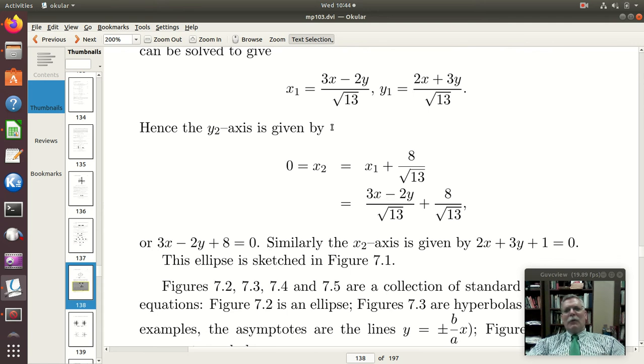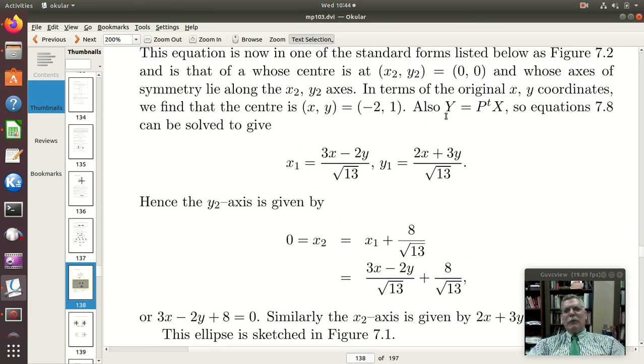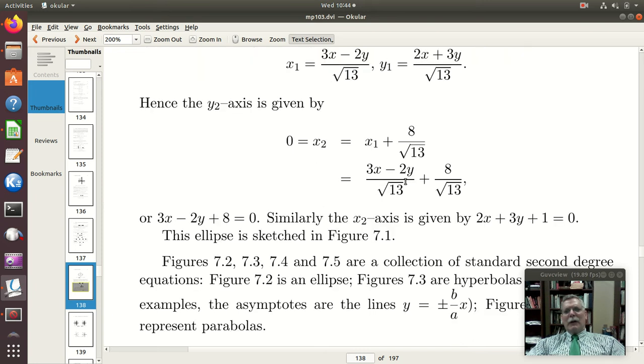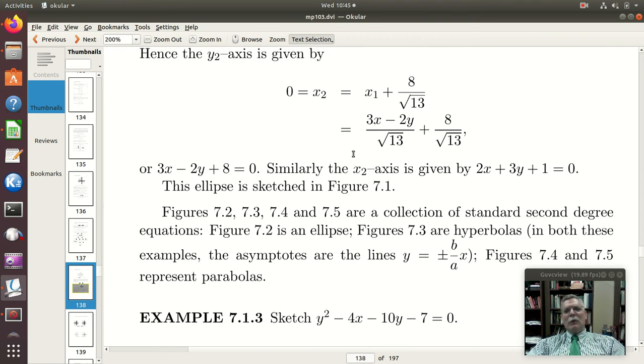Okay, so they found that inverse transformation from P transpose x, and here they get x2 in terms of the x's and y's. And the reason they're doing that is they're saying, oh, we'll let x2 equal 0. That's the origin in x2, and similarly they do it with y2.